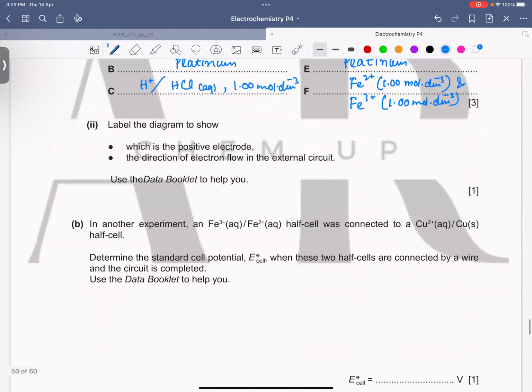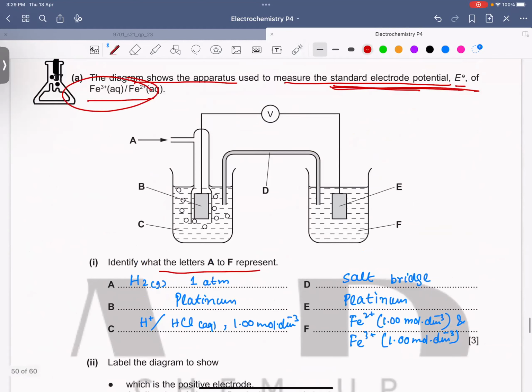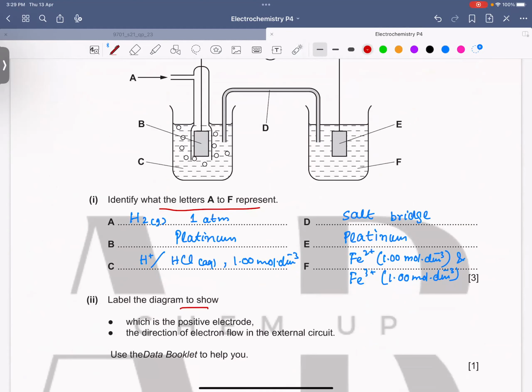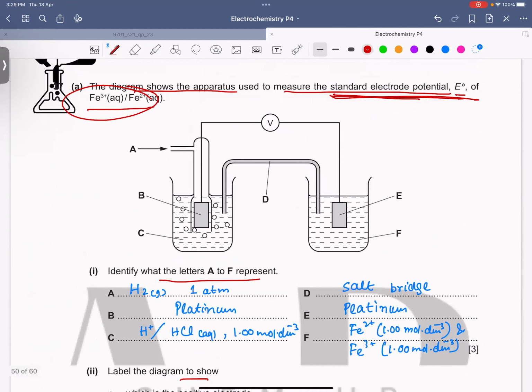Now let's start. Label the diagram to show which is the positive electrode and the direction of the electron flow in the external circuit. I think you guys also remember that its E naught value for Fe3+ and Fe2+ is 0.77 volt, right?